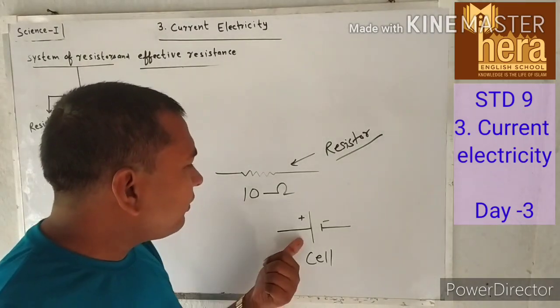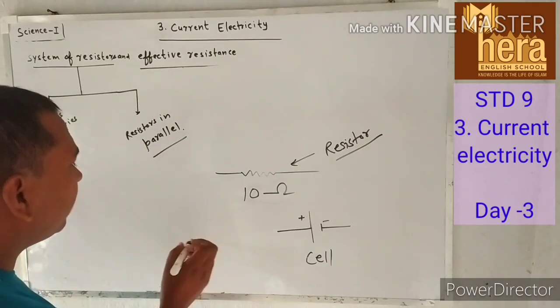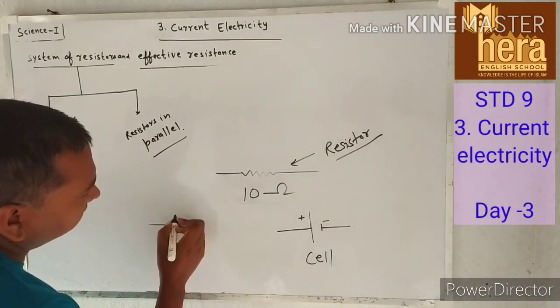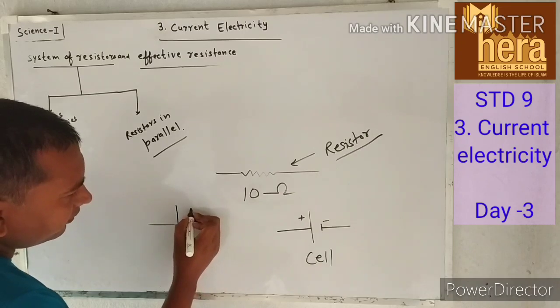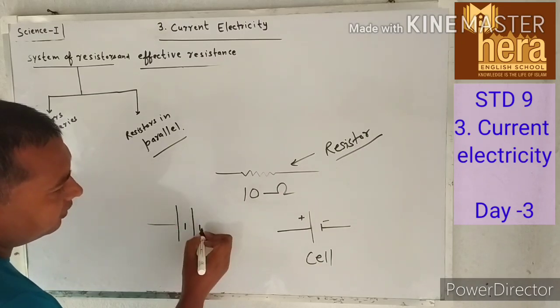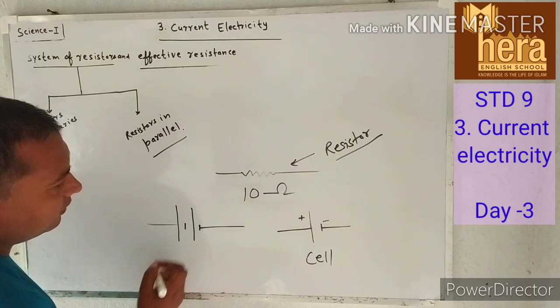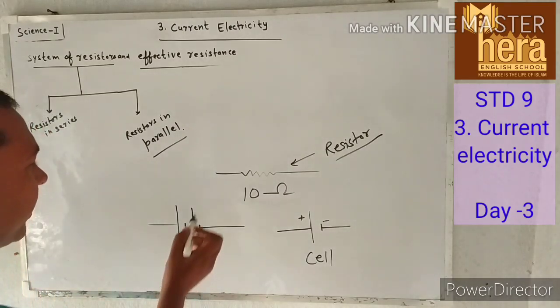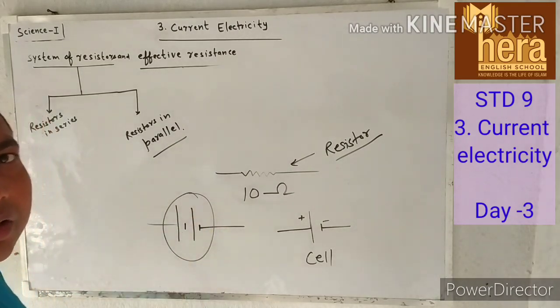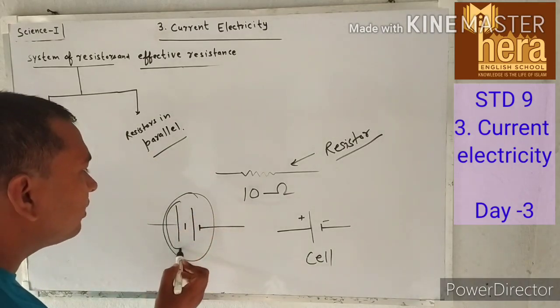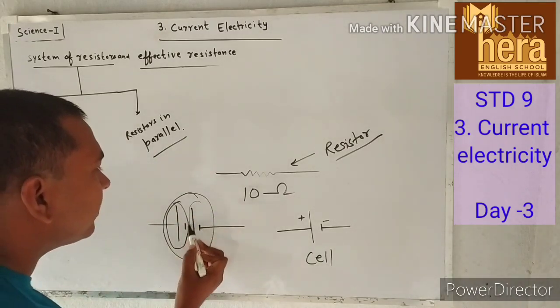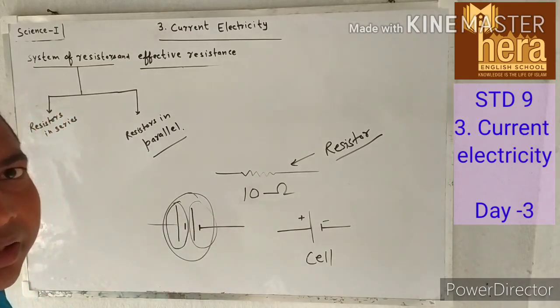This is the symbol of a cell. Can you tell me what is the symbol of this? Bigger one, smaller one, again bigger one, smaller one. This is the symbol of a battery, because this combination of cells is called a battery. There are two cells, cell number 1 and cell number 2, a total of 2 cells.